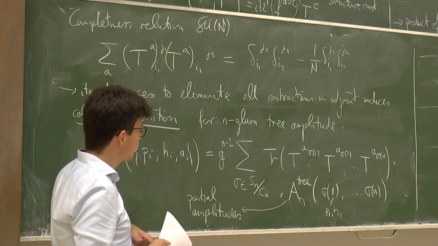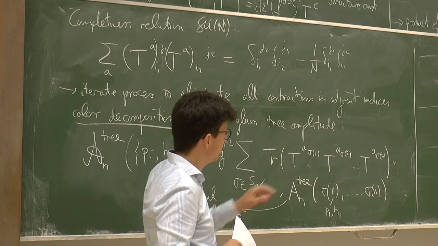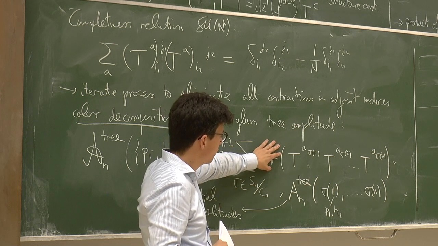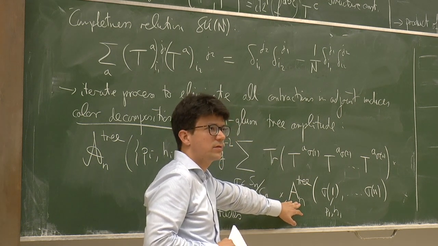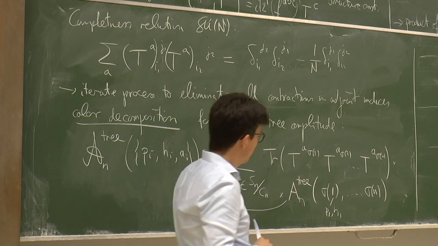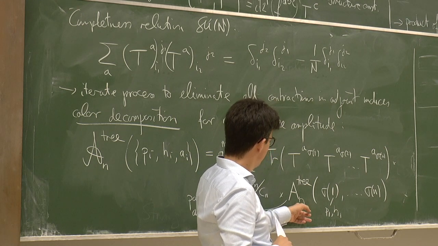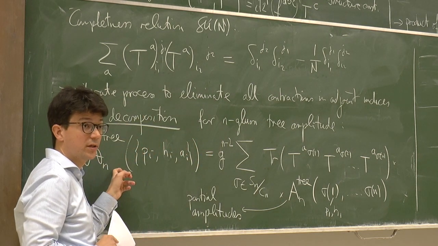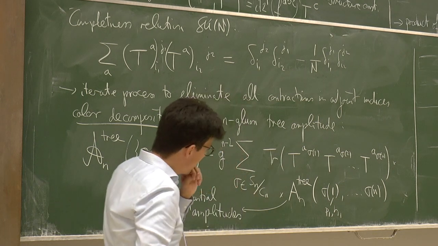And now this is very useful because it just tells us how we can in general write the color information, and then from that point on, it's sufficient to compute these partial amplitudes. So in fact, once we know this partial amplitude here, then the formula just gives us the whole information. So from this moment on, we can forget about the color.